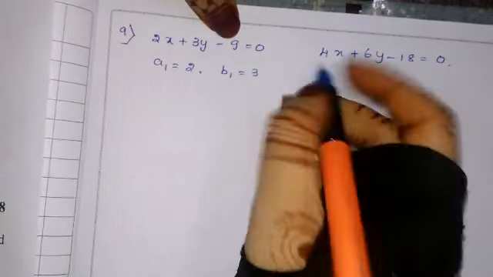Find the value of tan theta minus cot 90 minus theta. Question number 11, find the value of tan theta minus cot 90 minus theta. Okay, so let us see now.